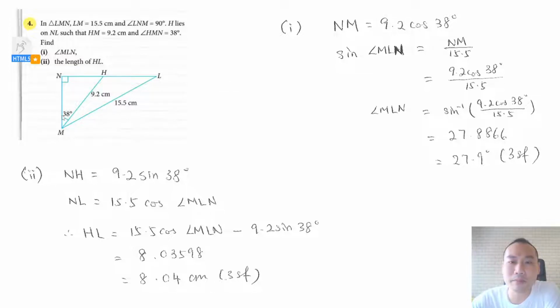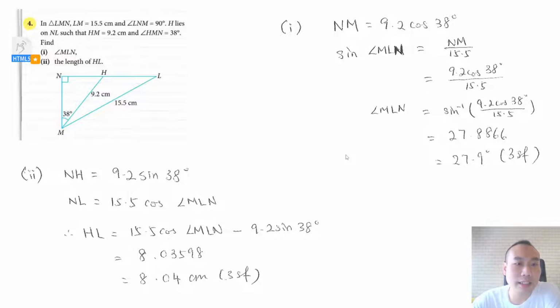Once we have NM, we can look at the larger right angle triangle. Sine MLN, which is this angle, is opposite over hypotenuse. The opposite is NM, hypotenuse 15.5. So we replace NM with the 9.2 cosine 38, which we have found. Then the angle itself is sine inverse of this ratio, which gives us 27.9 degrees.